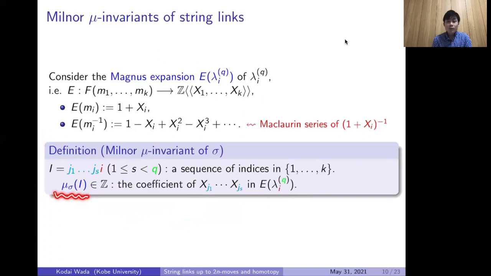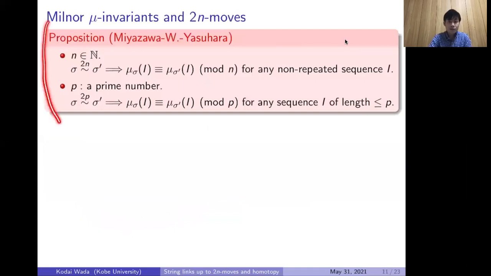This mu invariant is related to 2n-equivalence like this. Let n be a positive integer. If two string links are 2n-equivalent, then their mu invariants are congruent modulo n for any non-repeated sequence. Also, let p be a prime number.